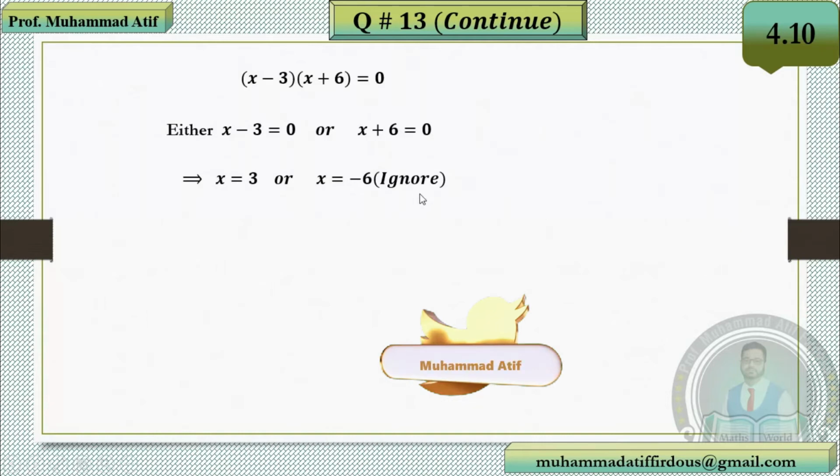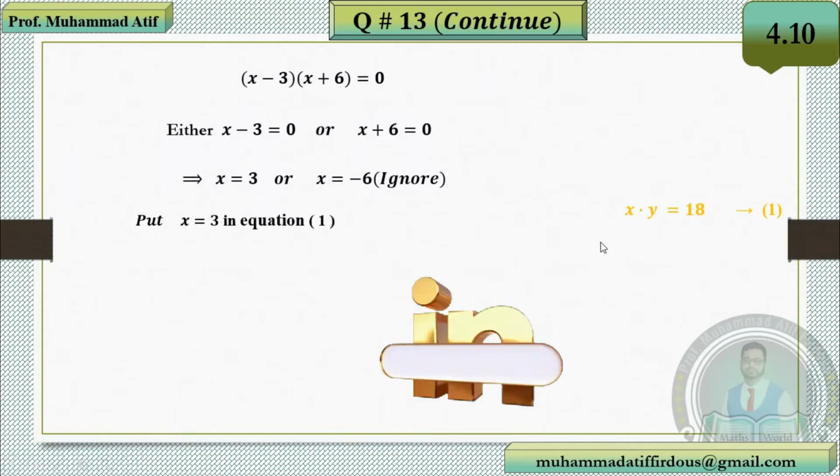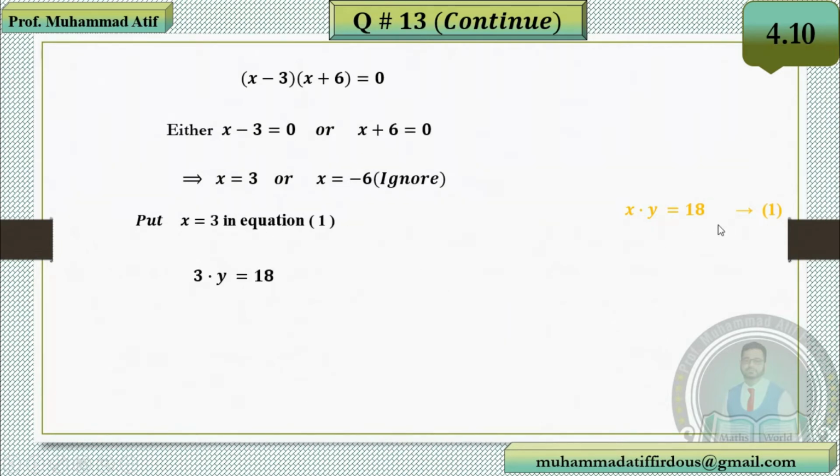So ignore the negative number and take only the positive value, x is equal to 3. After putting it in equation 1, you must remember xy is equal to 18. So just put x is equal to 3 in your equation number 1. You have y is equal to 6. So what is your original number?